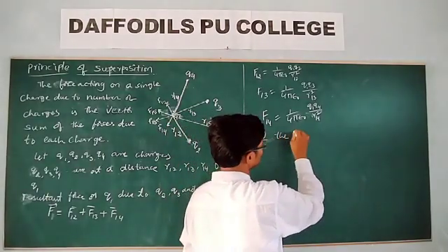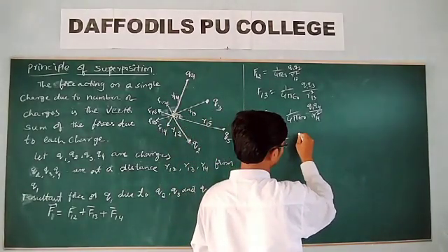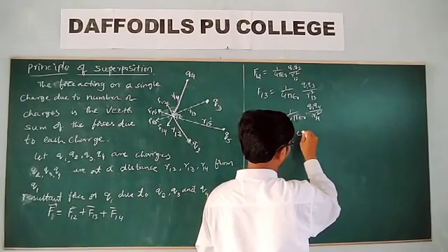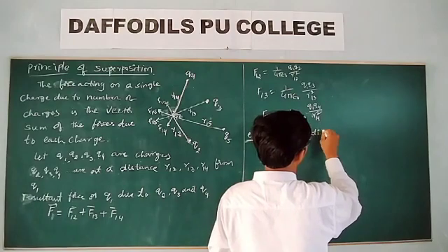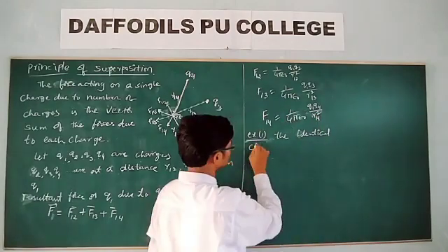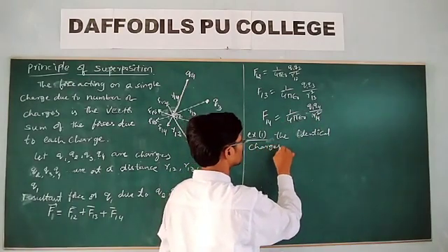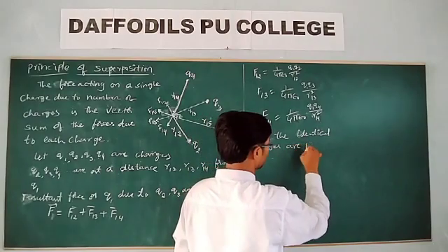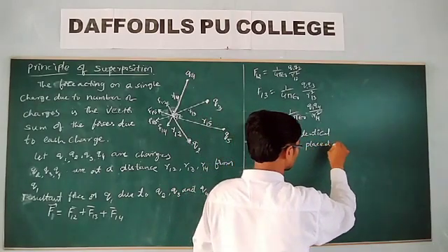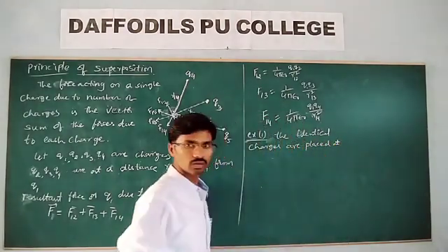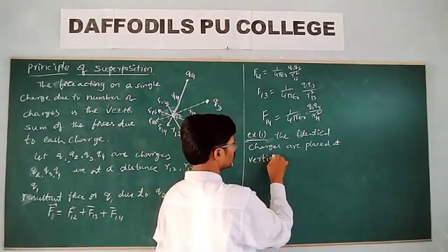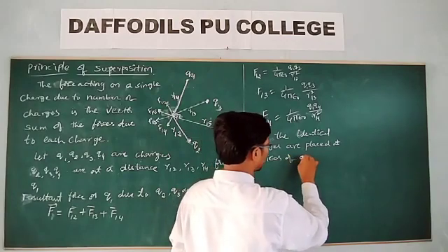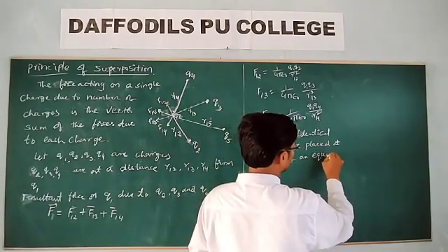Three identical charges are placed at the vertices of an equilateral triangle.